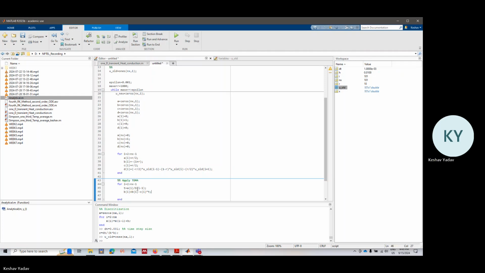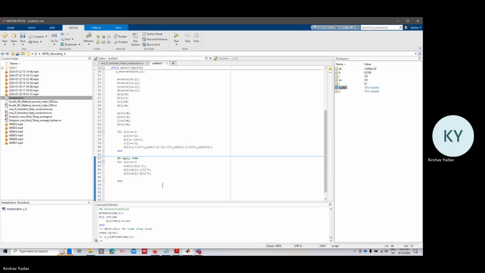Okay, similarly my d i will be d i minus this. Now this is what? Forward elimination. This is forward elimination.